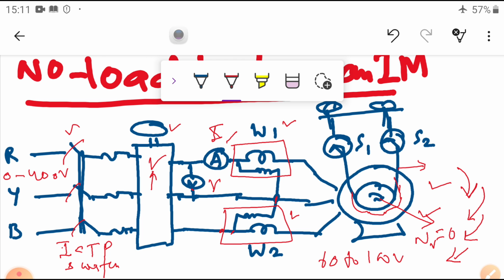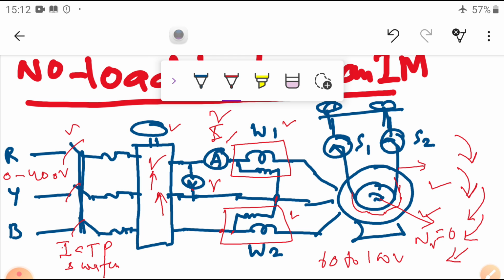Before starting, the current drawn from the supply is increasing, while the rotor is rotating, for example clockwise, the deflecting torque produced in the ammeter decreases, hence the pointer comes towards the low values.